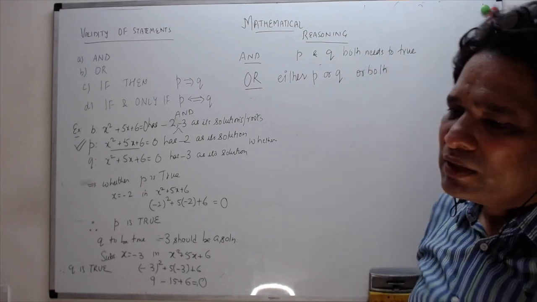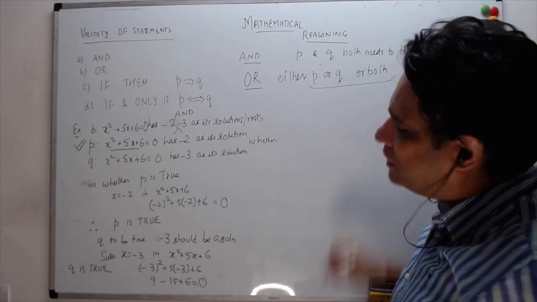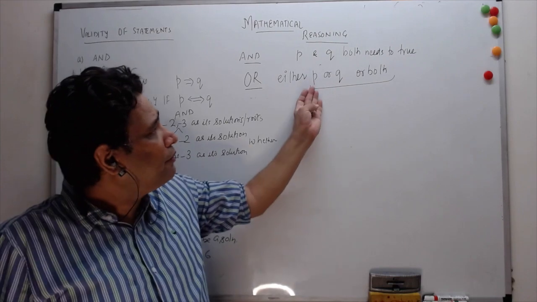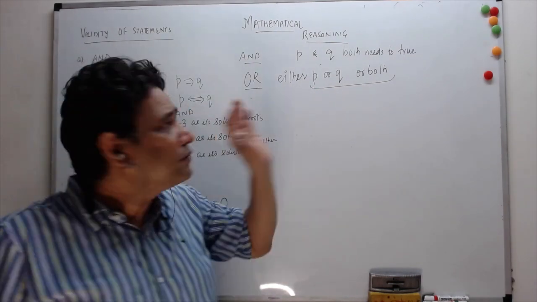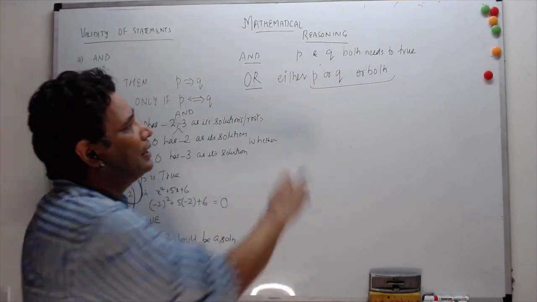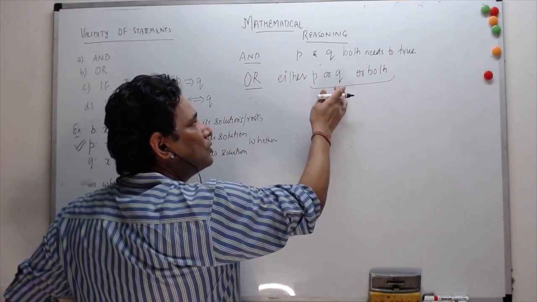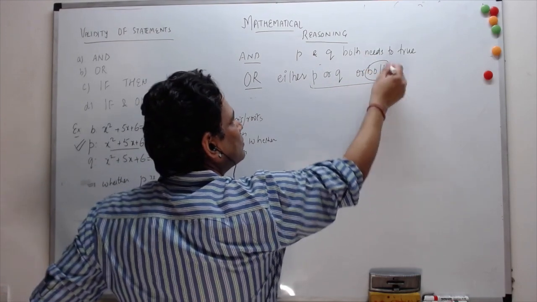But in our case, what is happening is we have inclusive. So that means if P is true or Q is true alone would serve our purpose. Either P or Q. If P or Q, or if both of them are true, that means this condition is also fine.